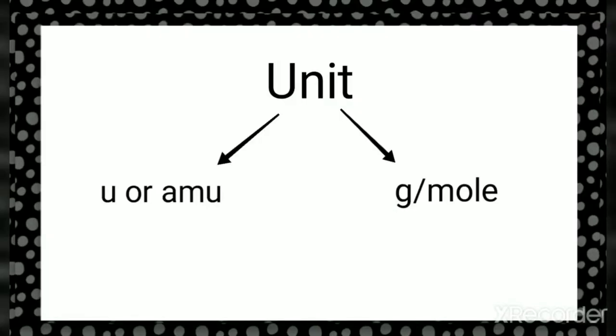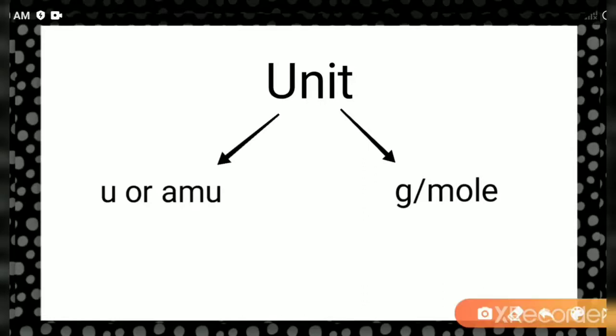From this we get an idea about the units we are using. If we are finding the mass of 1 mole of any substance, either atoms or particles like ions, we use the unit gram per mole. But when we are finding the mass of 1 atom or 1 molecule, we use the unit unified mass, or AMU.